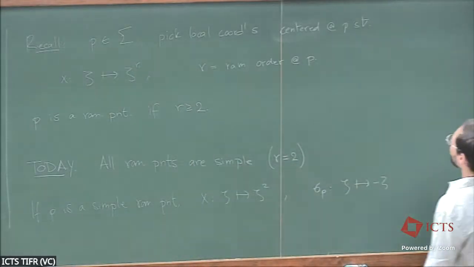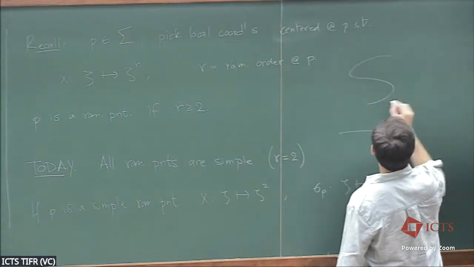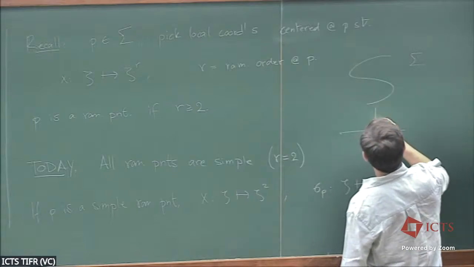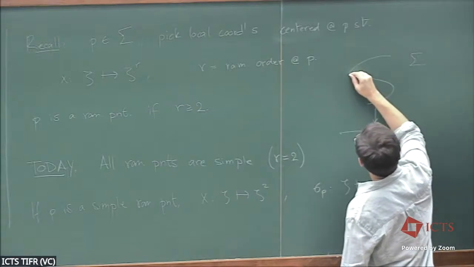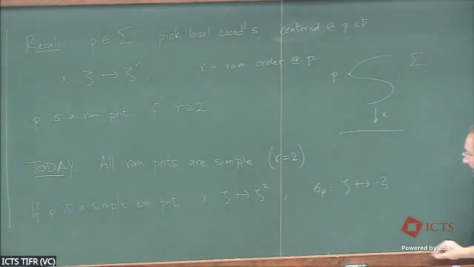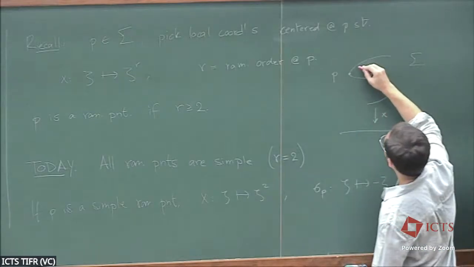So the picture that you should have in mind is basically the following. Imagine Sigma is something like this. Here you have x. This is your ramification point P. And then sigma_P is essentially the map that is exchanging the two sheets.